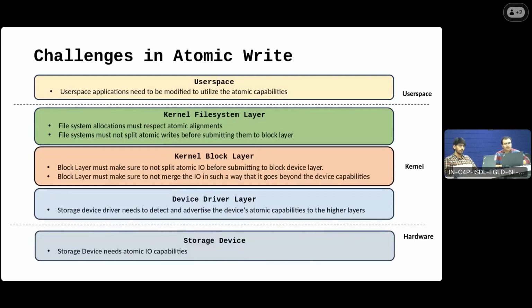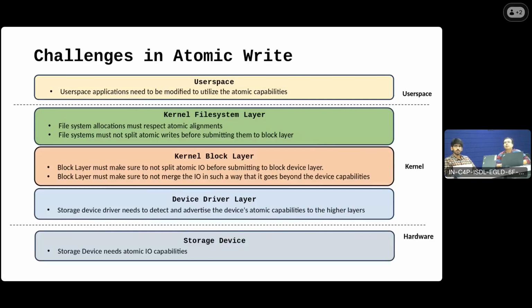So this essentially covers the changes that are required. For example, user space needs to know whether the Linux that you're using supports atomic writes or not. And then in the file system layer, there need to be changes with respect to how you are doing allocation, whether your allocations follow the constraints of atomic writes or not.